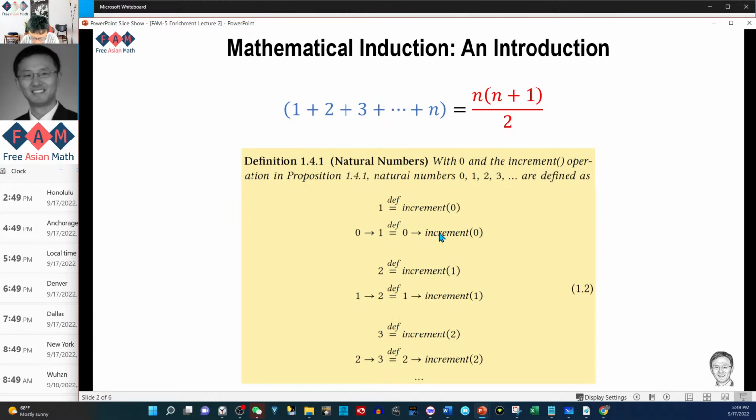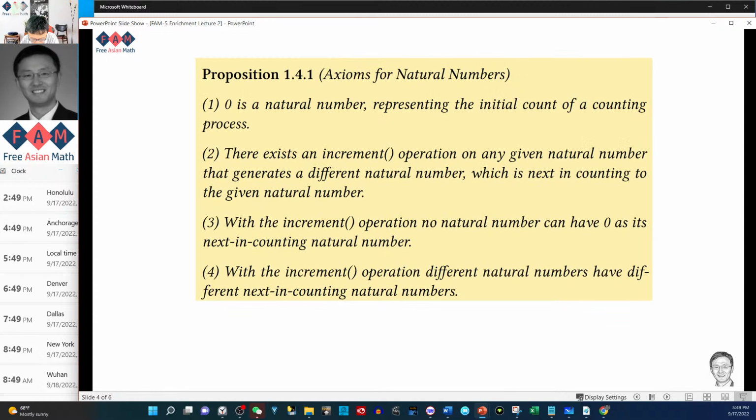But before formally defining natural numbers, we also talked about 4 axioms. If you recall, what are those 4 axioms? The first one, just like we said, is that we all have to agree 0 is a natural number. That's essentially the initial state of our counting process. We always count from 1, but starting from 0, so we need this as an axiom.